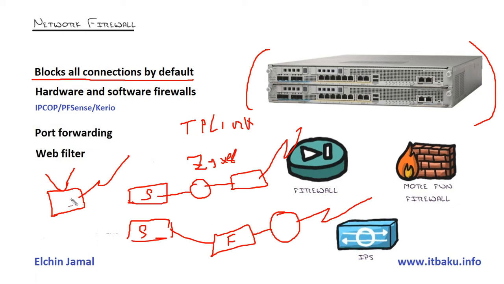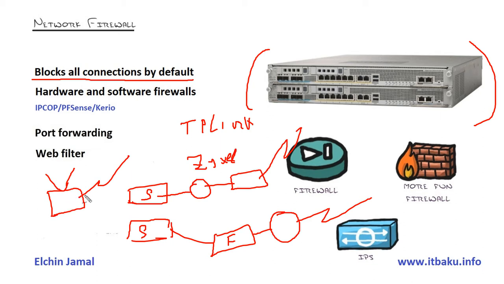If you configure this device, you can notice that there is an option called firewall, but we cannot compare the firewall options in this simplest device with a real hardware firewall, because a real hardware firewall has a lot more options than this simplest, cheapest router.